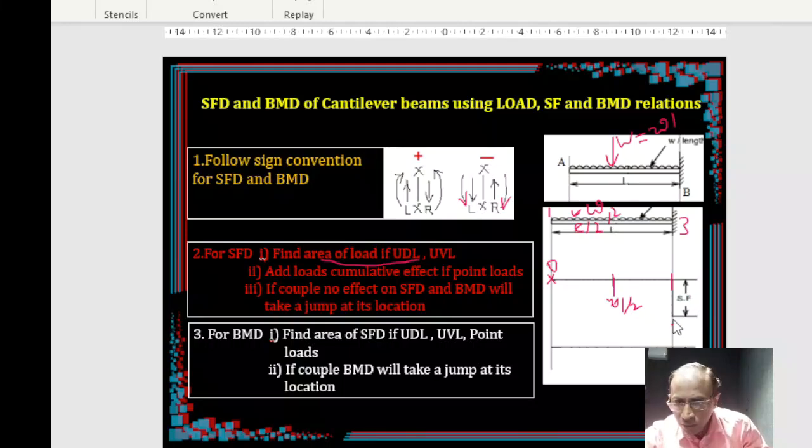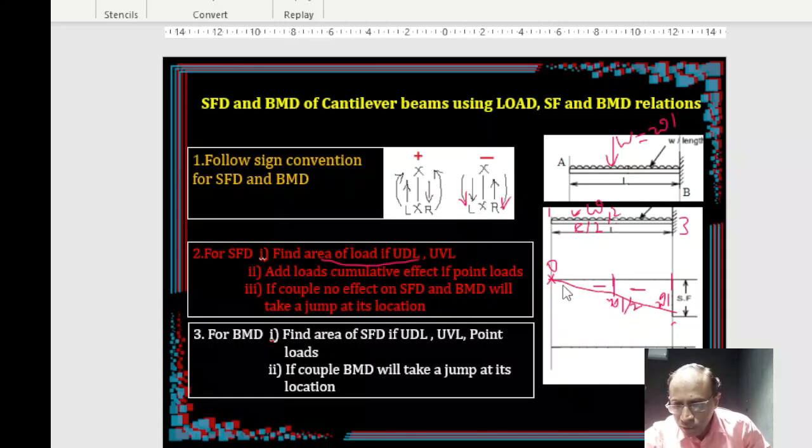So this is one point, this is another point, this is another point. How to join? I told you just now that when there is a UDL, your shear force is going to be linear. So you just join all by means of a line. That's it. Minus.